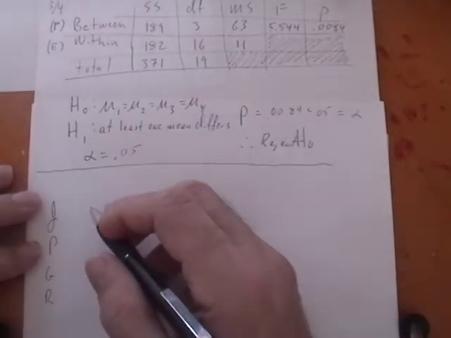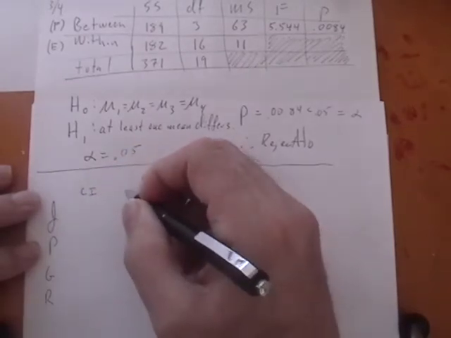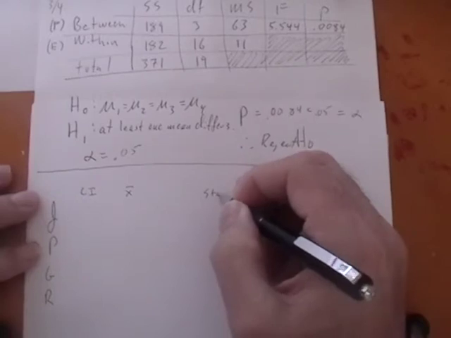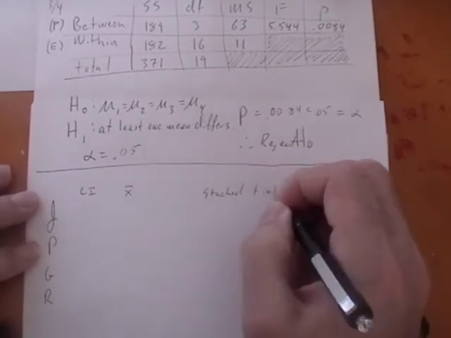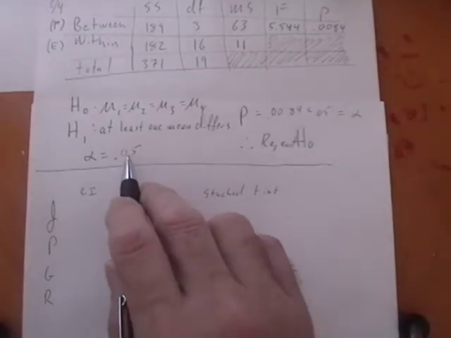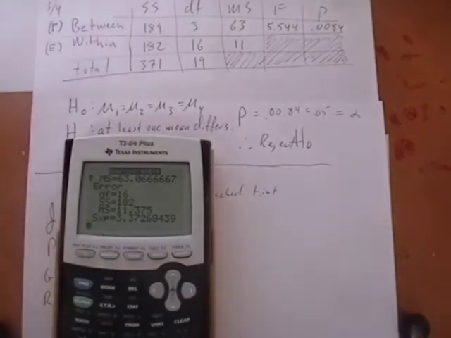I'm going to have the confidence interval. I also want X bar, and then I want the stacked t intervals. So I've got a bunch of these to do. If alpha is 0.05, we use the 95% confidence interval.